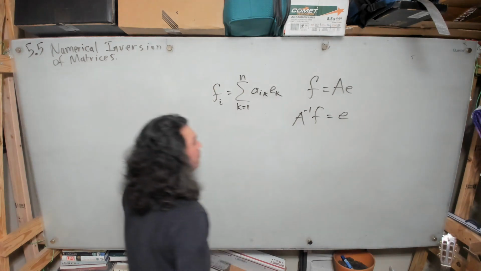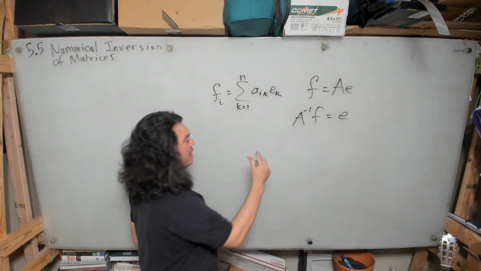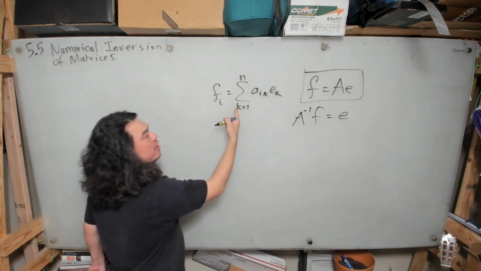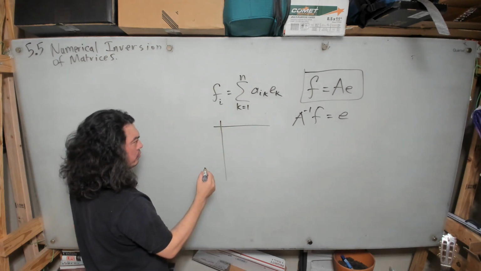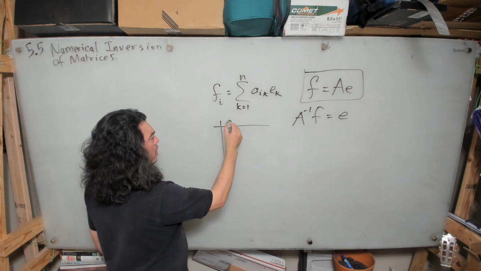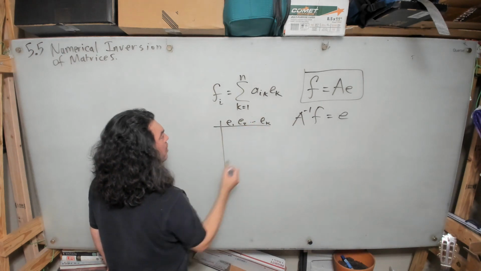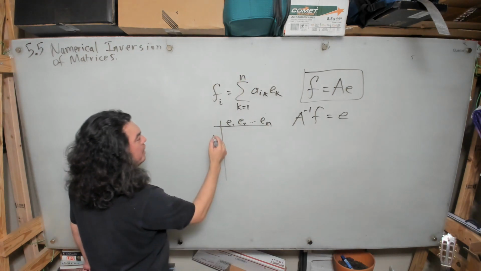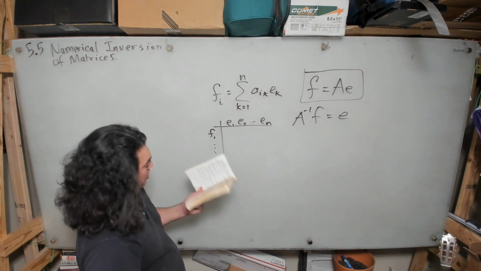So we'll have E. Basically, what he's saying is that this expression can be represented by an exchange tableau like this: E1, E2, up to En, because there are n of them, and then F1 all the way up to Fn.